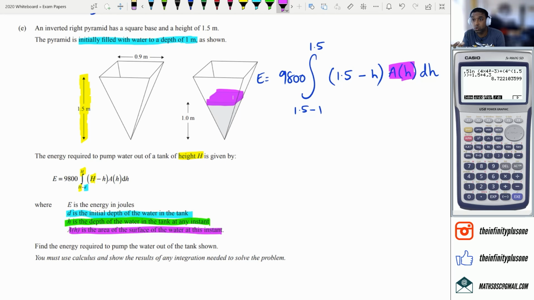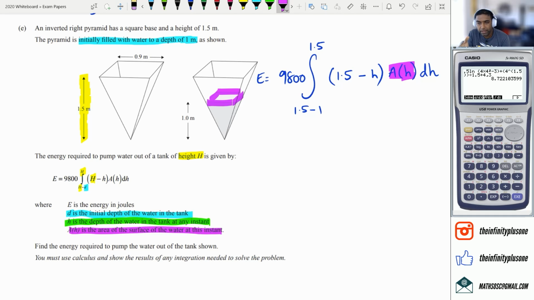It's a square. I hope you guys can see that, this part right here. That's what area of h is. So I need to come up with a formula for that area of h. That's the last bit that's missing. If I get that, then the rest of the question is easy.